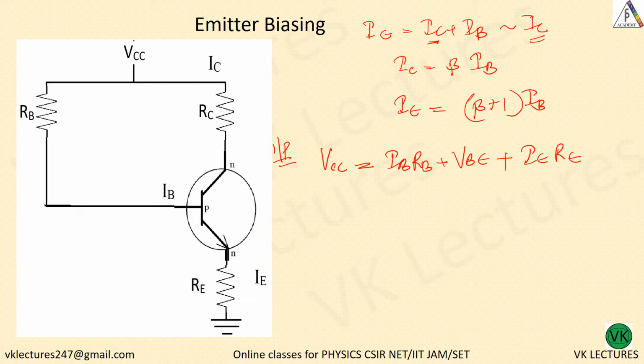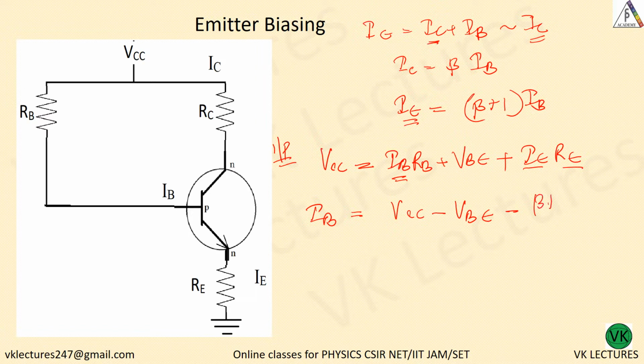Alright, now we want IB. IB is equal to VCC minus VBE minus IERE. So what is IE? IE is nothing but beta plus 1 into IB.